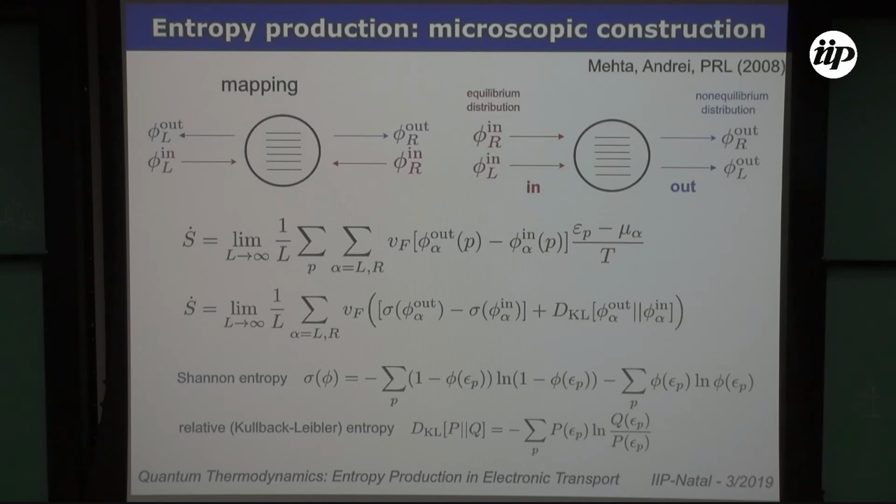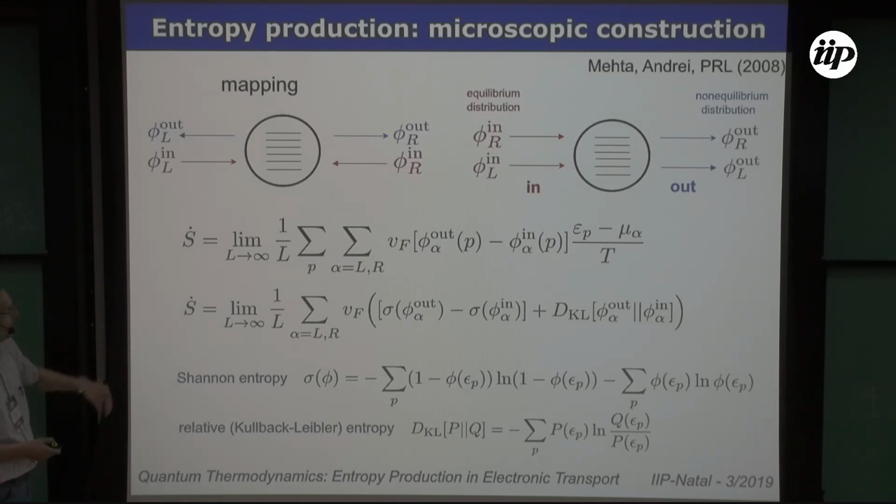You can actually write a simple formula for a situation where you have a single resonant static problem. And the entropy production, you can simplify the expressions I wrote in the previous slide in terms of these quantities.